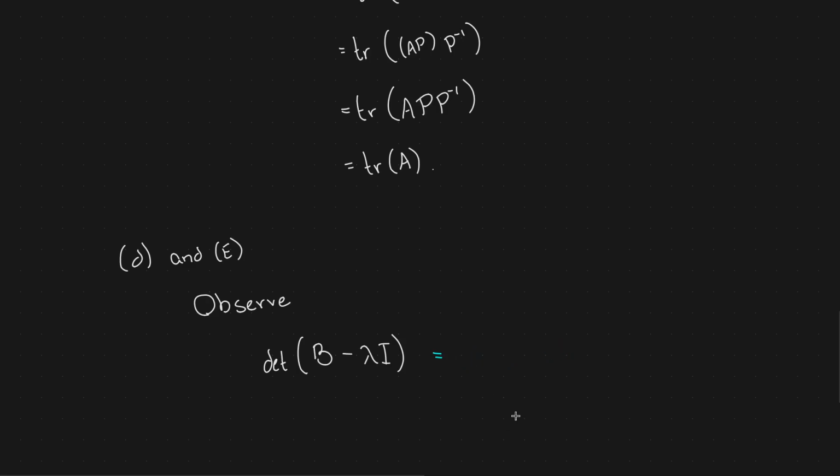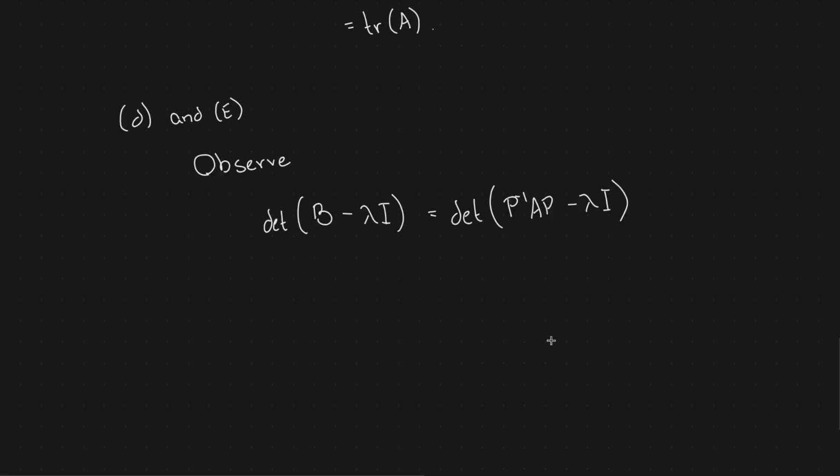Okay, so to do this, I'm going to use the fact that B is similar to A and replace B with P inverse AP. And then I'm going to do something kind of clever here. I'm going to say, well, wait a second. Lambda I is similar to itself.